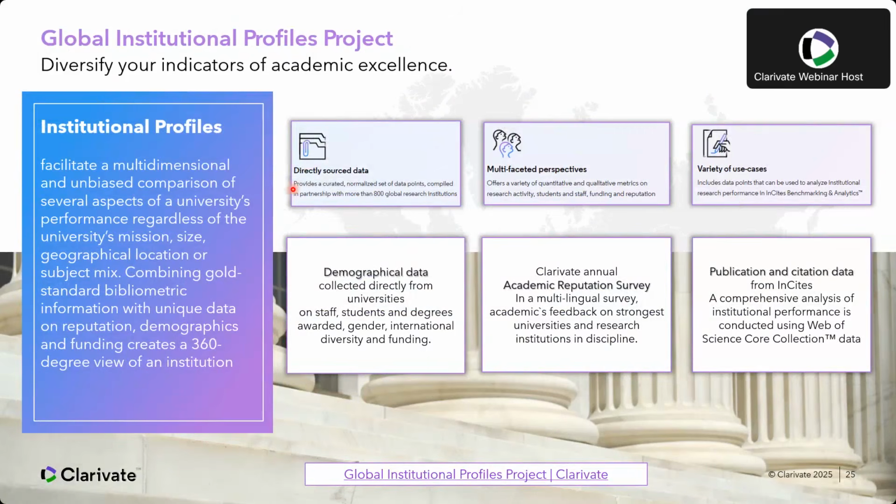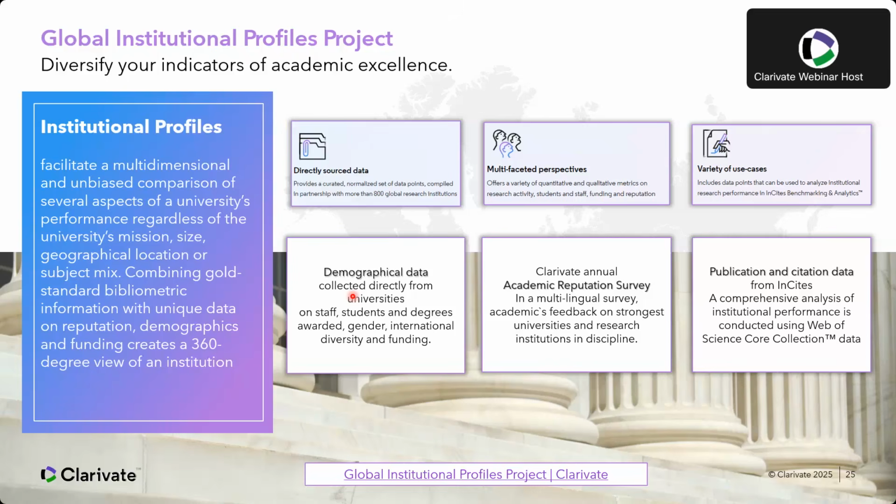There's also a project that we call GIPP or GIP, Global Institutional Profiles Project. And here what we do is we basically get data from the institution through data collection, surveys, and so on. And so there is demographical data, for instance, the number of staff per student, for example.